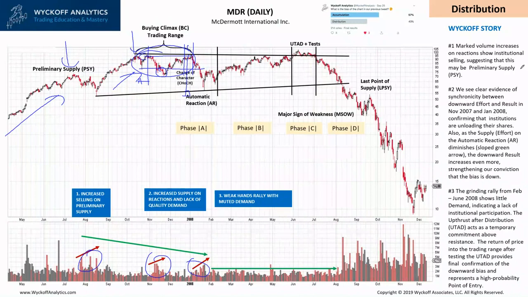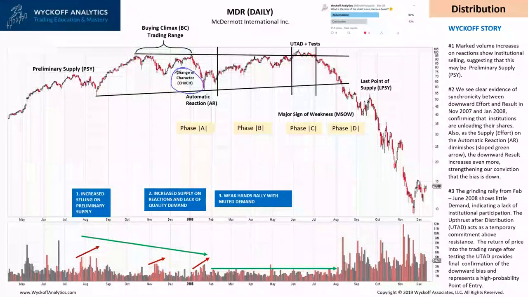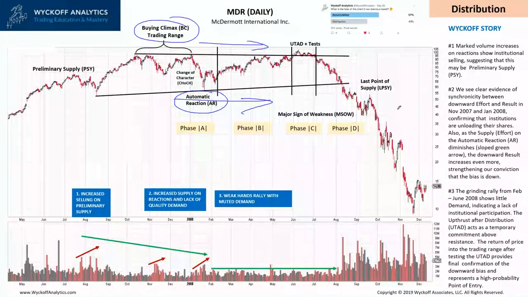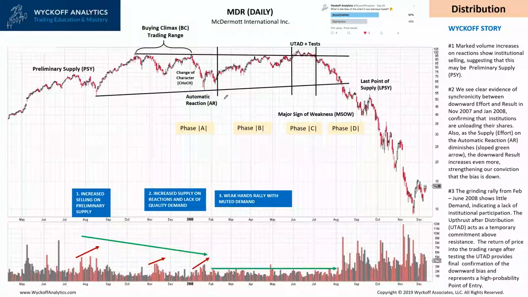And that first initial move to the downside is going to be our change of character, our true change of character. If that's a change of character, then at the low you're going to have the automatic reaction, and at the high you're going to have a buying climax. That defines the levels of the support and the resistance. So the only thing that I've changed here for these two lines is really just the slope.